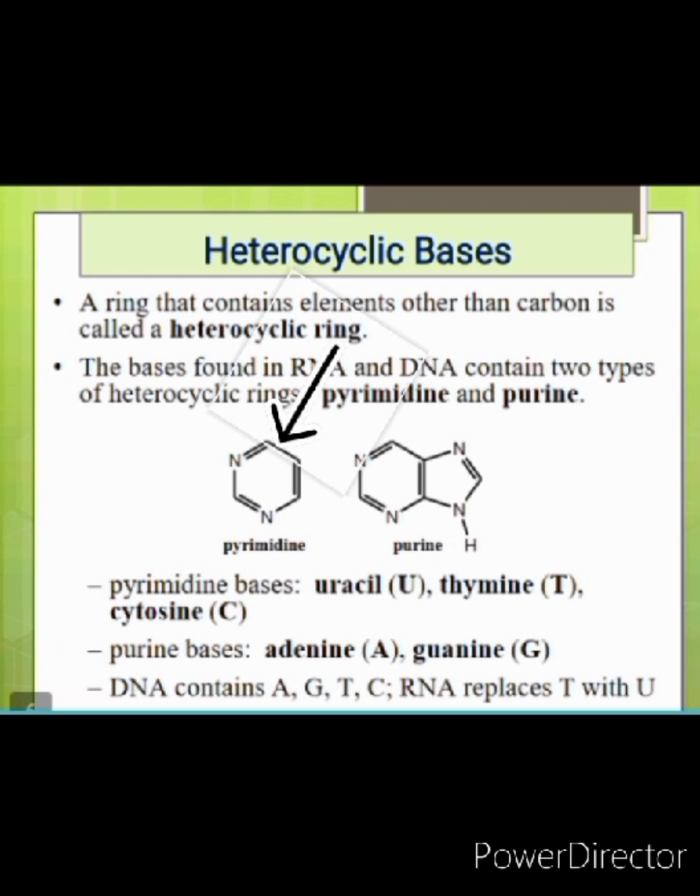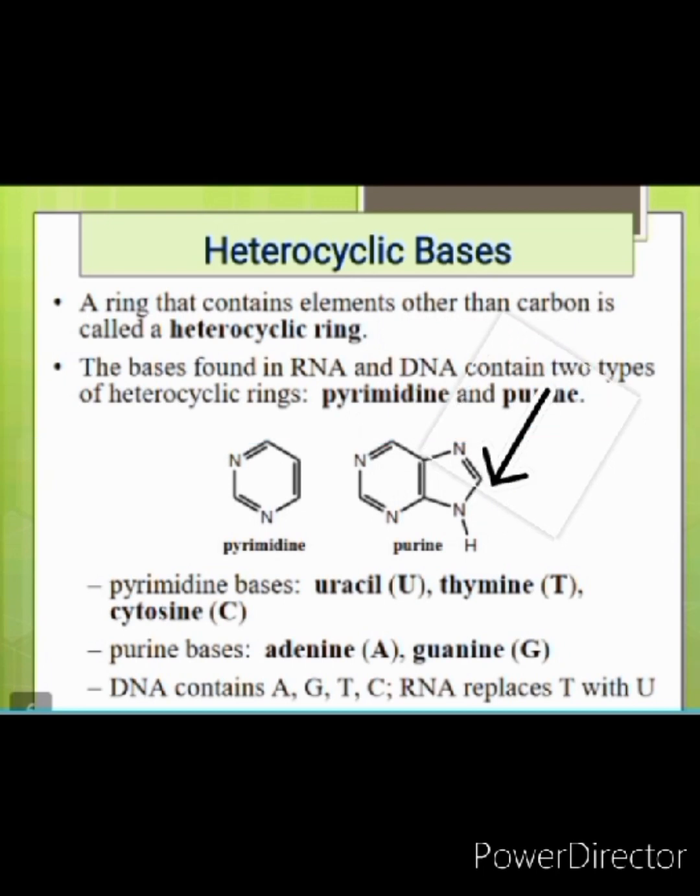In the purine, it is a double ring structure. In the first structure we have 6, 1, 2, 3, 4, 5, 6, and in the second structure we have 5, 1, 2, 3, 4, and 5.